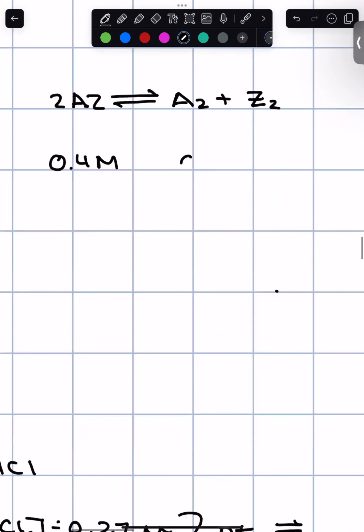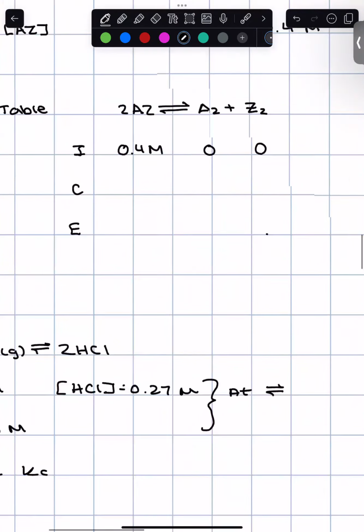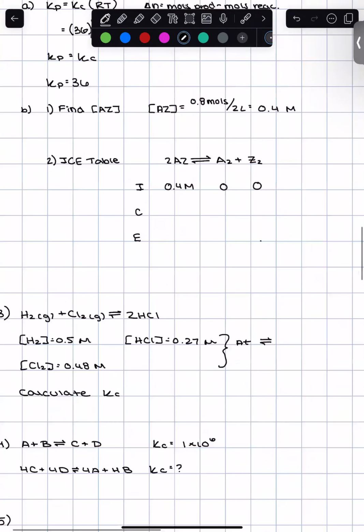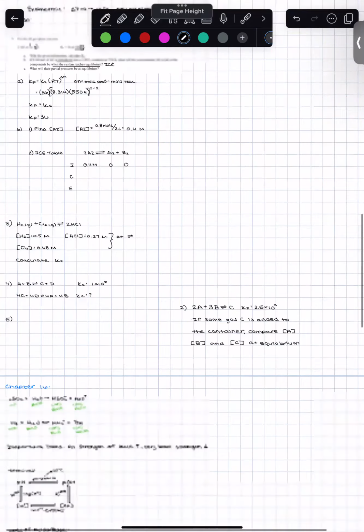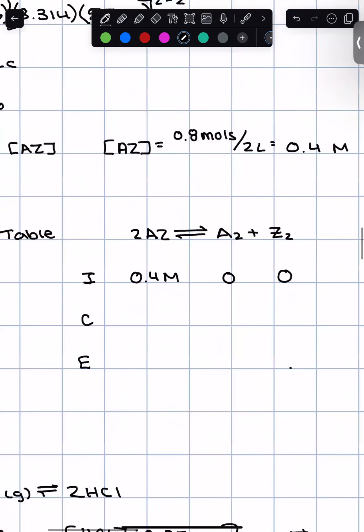And then both of these are starting at 0. Later, we will do one where that is not the case. I think, or I'll make sure we get one.